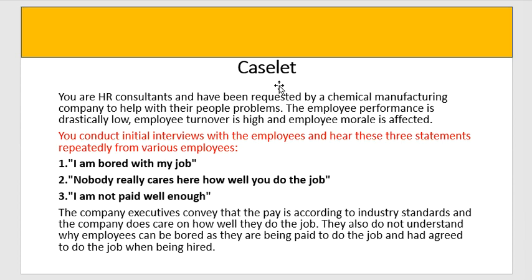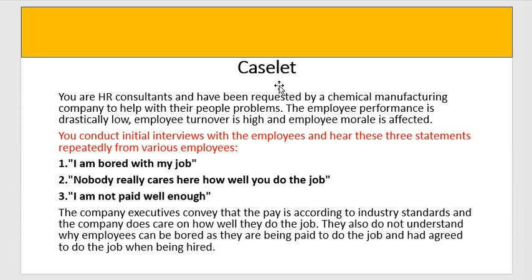You can agree that the company executives are right here. They may be paying according to industry standards, but there may be people who are doing the same jobs but who are not equally paid. So there is no equity in the payment. Usually, such issues happen because of that.